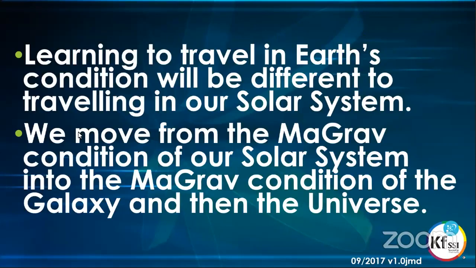So essentially, we're going to learn to travel in Earth's conditions, because within Earth, we have a certain set of magnetical and gravitational fields. And when we start traveling in the solar system, we're now traveling in a different condition, different magnetic gravitational fields. And as we move from our solar system with its magnetic fields into the galaxy and then into the universe, we have to learn the different conditions in which we're going to be traveling.